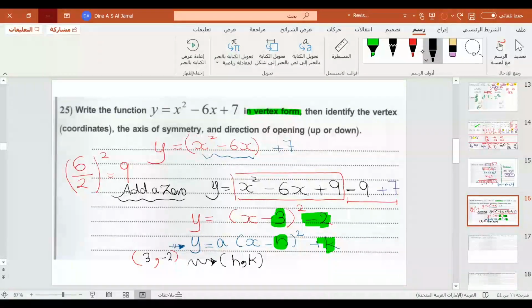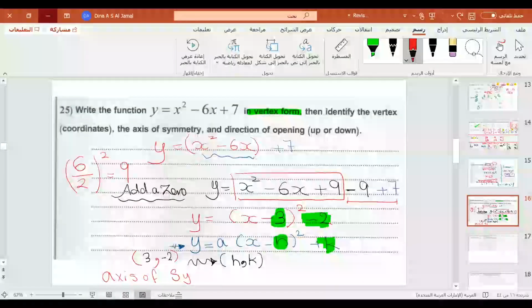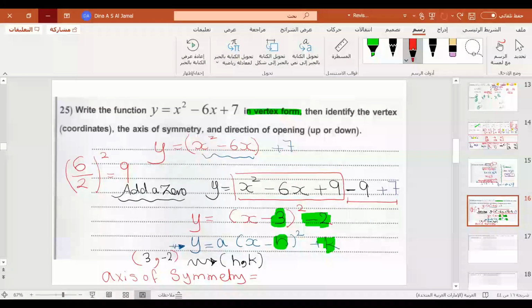Now, let's go to the axis of symmetry. So as an information for you that I have said before, your axis of symmetry will be the same as your value of h. Because when your parabola is opening, here is your axis of symmetry.